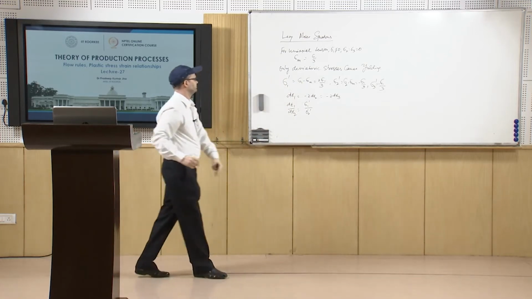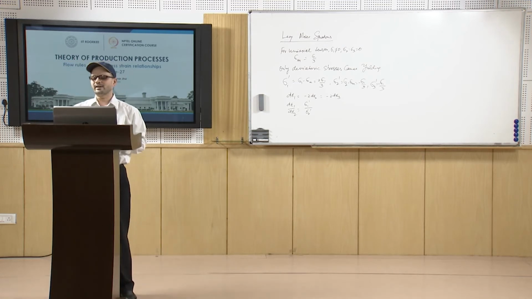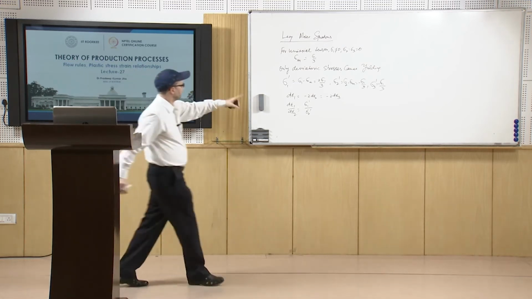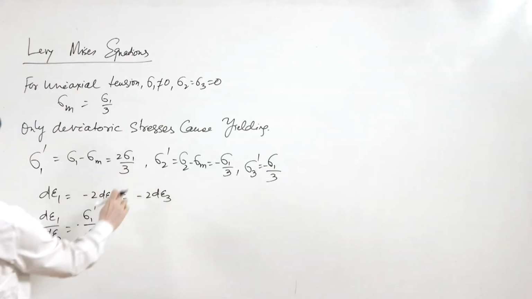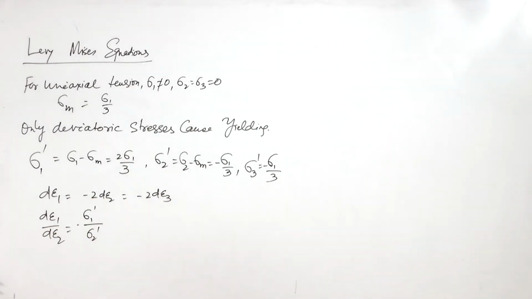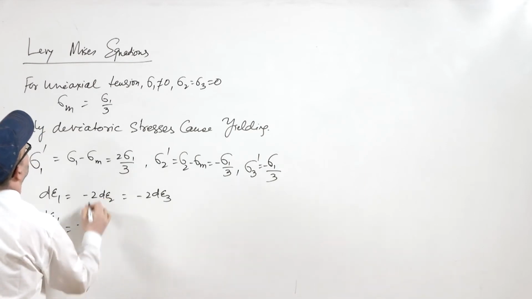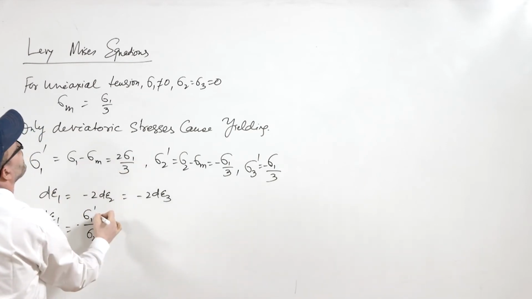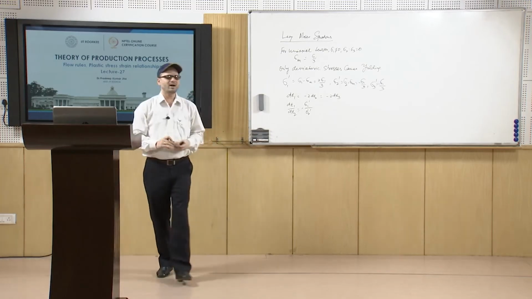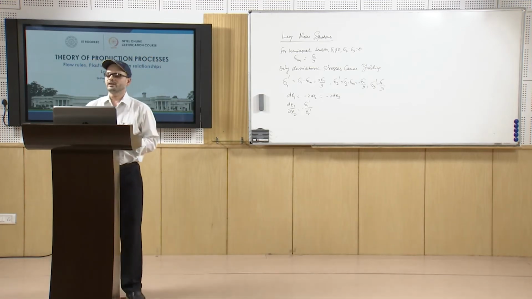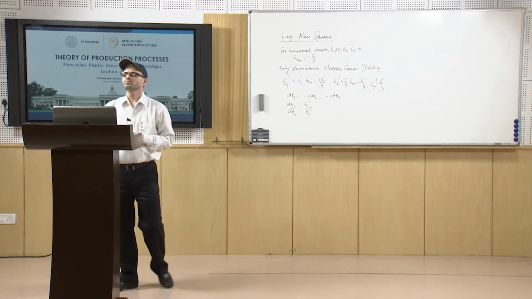If you look at the ratio, you have to put a minus, because sigma 1 prime is 2 sigma 1 by 3 and this is minus sigma 2 prime, so you will get minus 1 by 2, is it right? This is minus 2. So, this is okay. So, d sigma 1 by d sigma 2 will be minus 2, so you will have minus sigma 1 prime by sigma 2 prime.